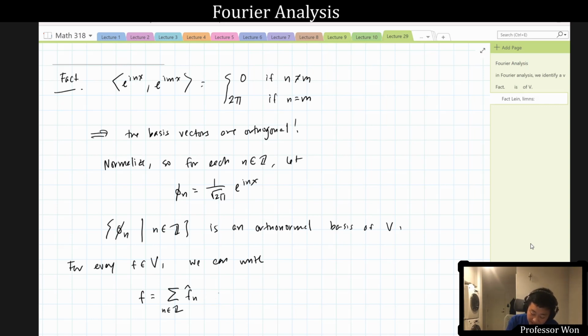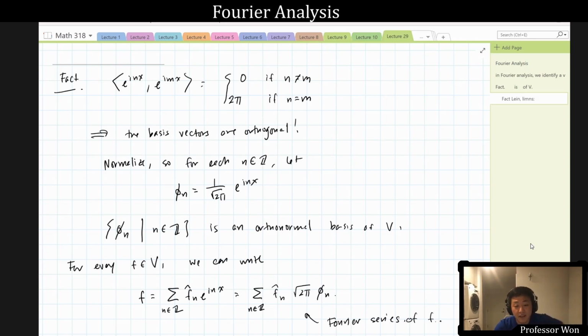Actually, sorry, the notes do this. Let me try to stick with the notes. So this is n in Z, f hat n times root 2 pi phi n. Okay, and this is called the Fourier series, either one, really, of f.